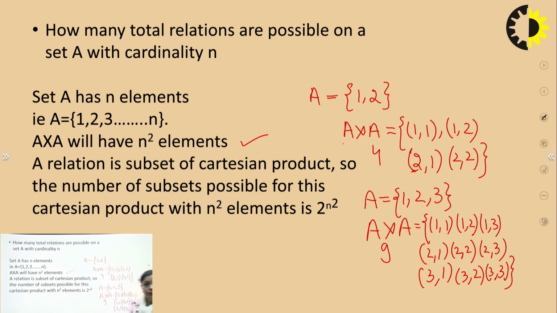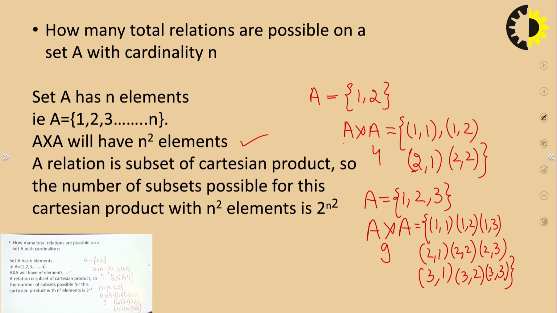Okay, so as I have already said, what is a relation? A relation is nothing but a subset of the Cartesian product. Already in the previous lectures we have seen that if my set contains n elements, then the number of subsets possible for that set is 2 raised to the power n.